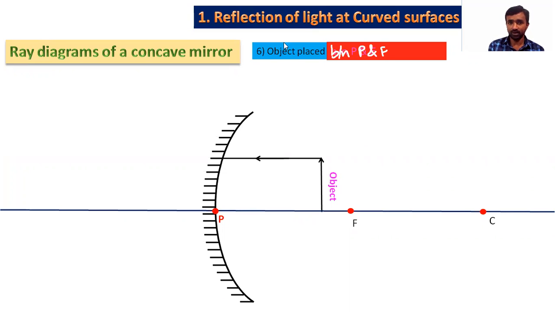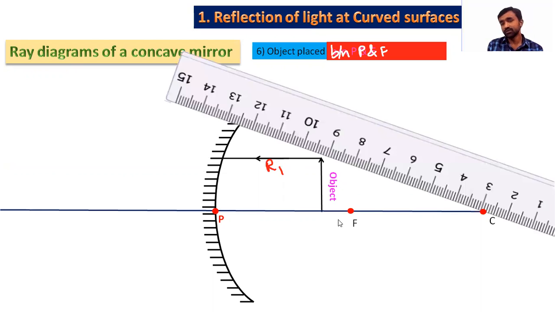No, sir, not possible. Then we will go for R3, Rule 3. Is R3 possible or not? Just check by connecting the top of the object and the center of curvature, right? So it is possible. Then construct R3 here.